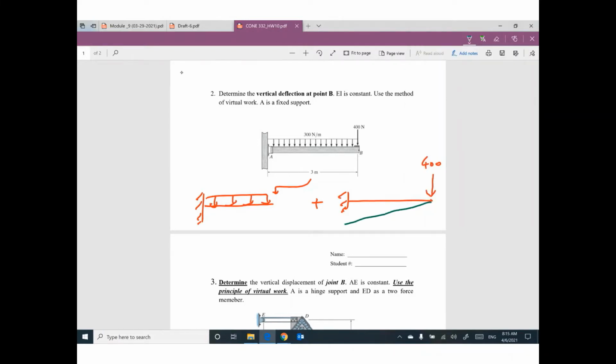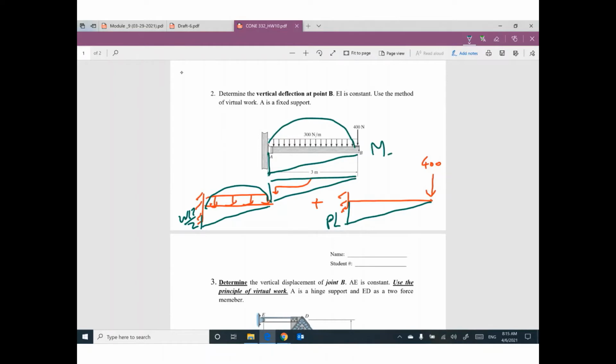So this one will give you a triangle PL. This one will give you a triangle WL squared divided by 2 and a parabola. So the final, we will have two triangles and one parabola. This is called M naught.